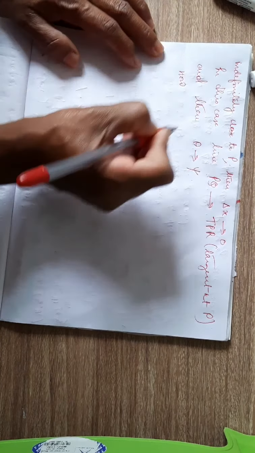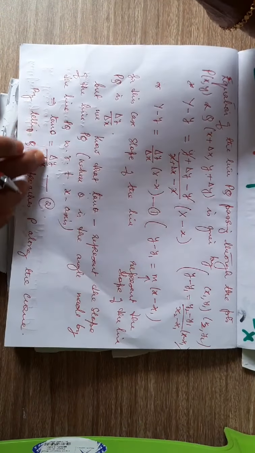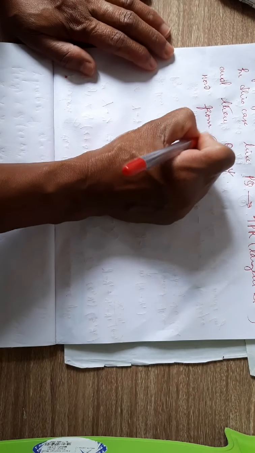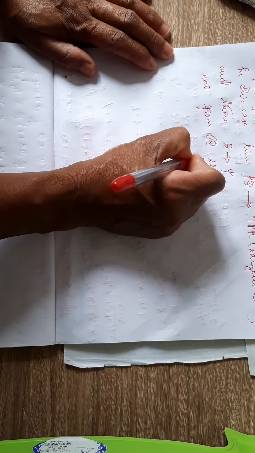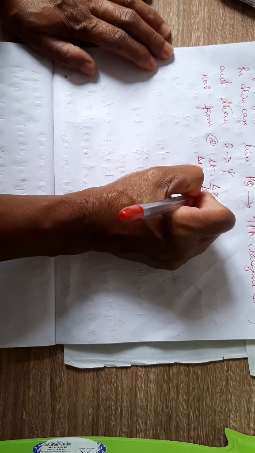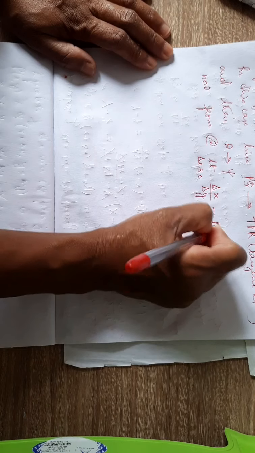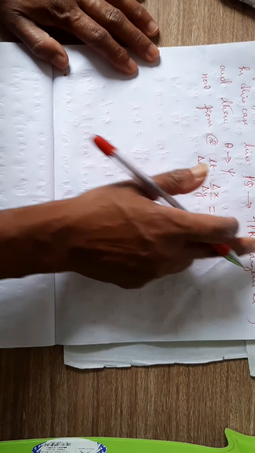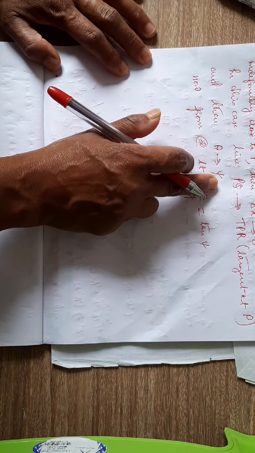Now from this equation 2, that is tan theta is equal to delta y by delta x, from 2, limit delta x tends to 0 of delta y by delta x is equal to tan psi, because if delta x tends to 0, then theta will tend to psi.